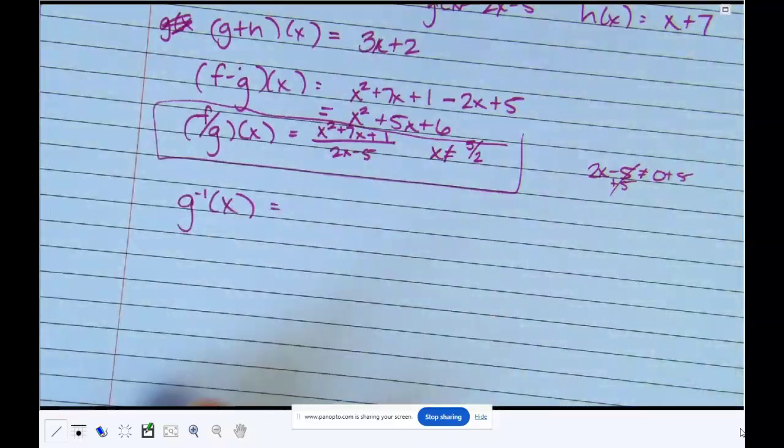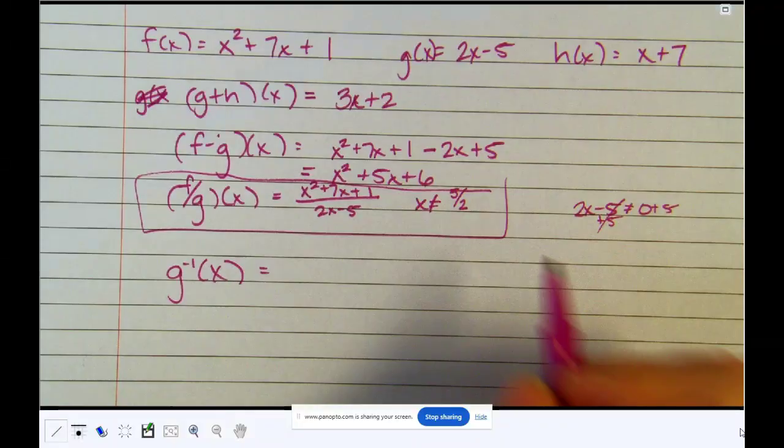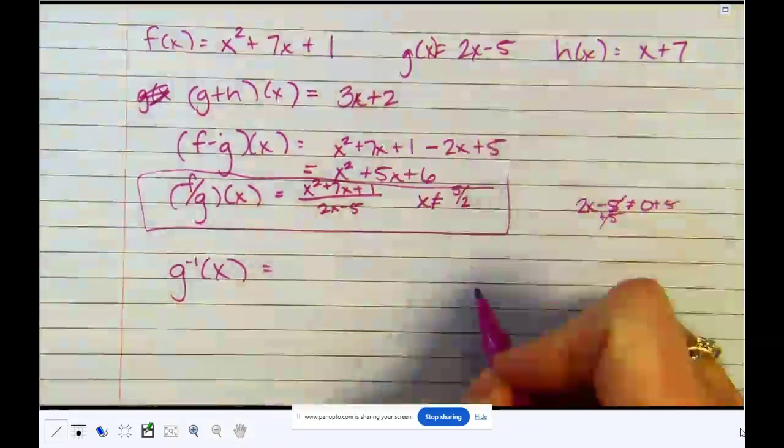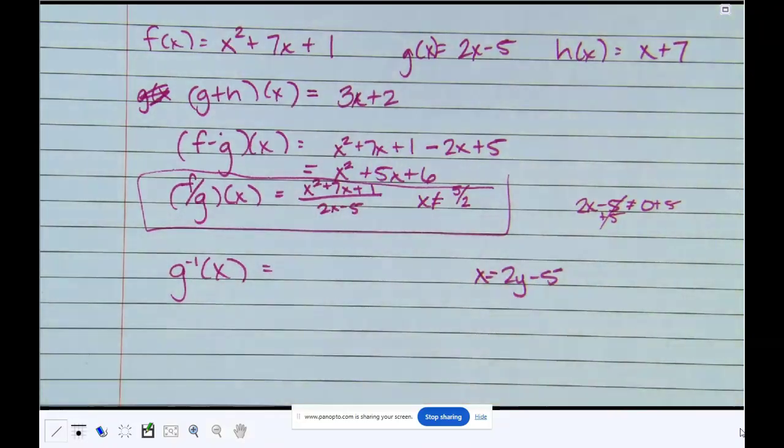And then we got this guy. That's inverse, right? So there are 3 steps for finding inverses. What's the first step? Just switch x and y. So with g of x, it would be x equals 2y minus 5. Then what? Solve for y.